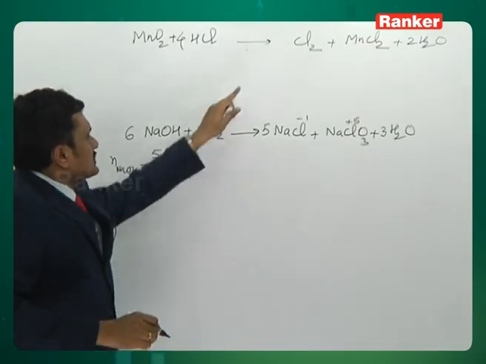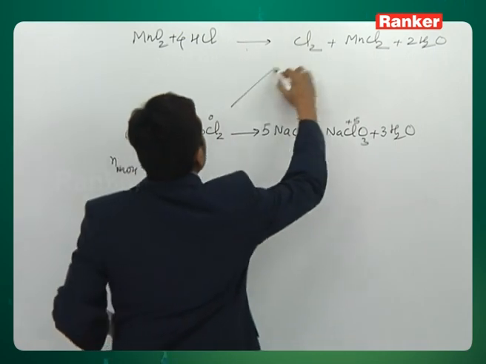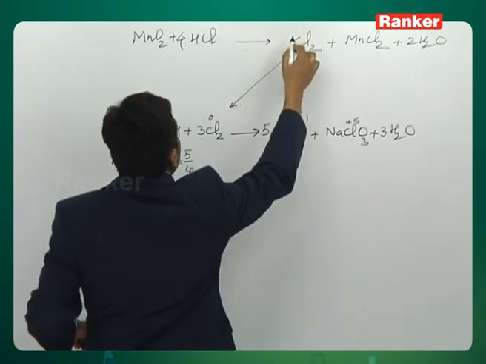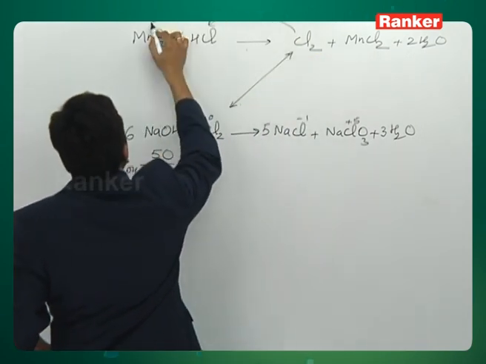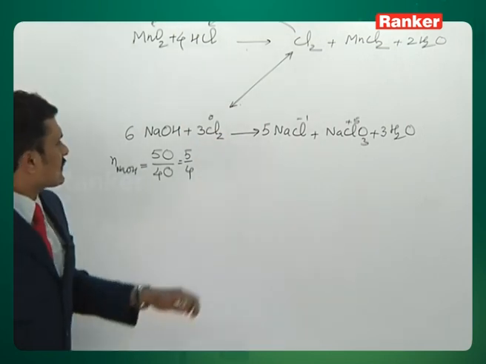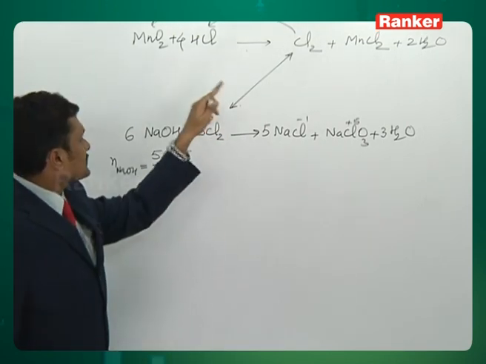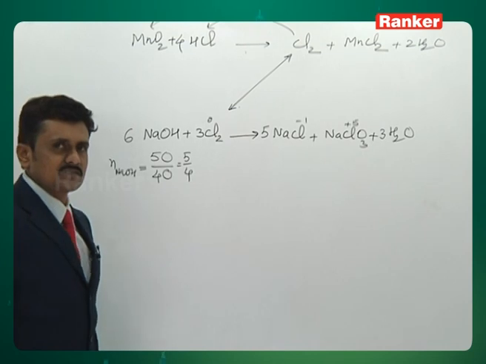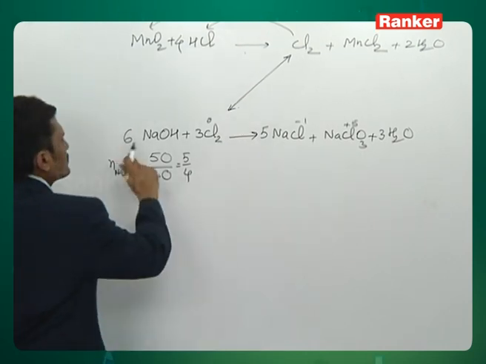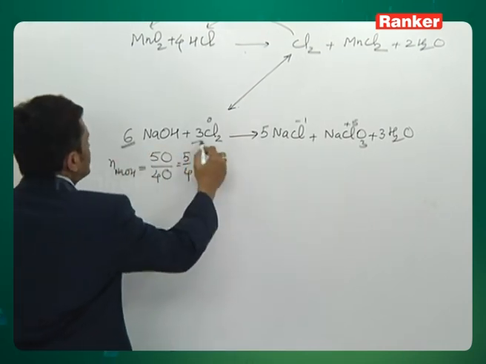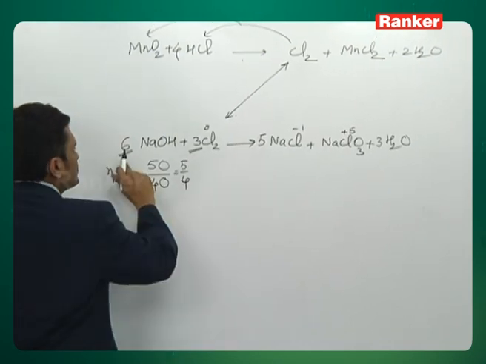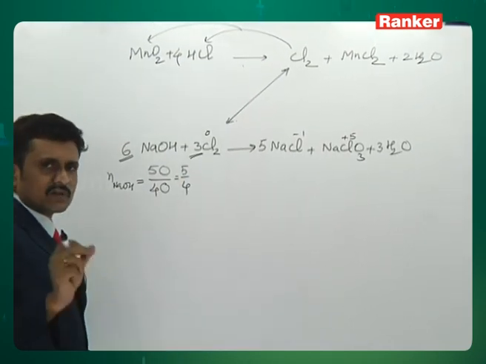Since you had been asked about the MnO2 and HCl, you have to link up these two, and this way it is possible. From the number of moles of Cl2 you can obtain the number of moles of these two as well, which are asked. So here I will find out the number of moles of Cl2 by using the stoichiometric coefficients. I am going to say 6:3. In what ratio are they lying?